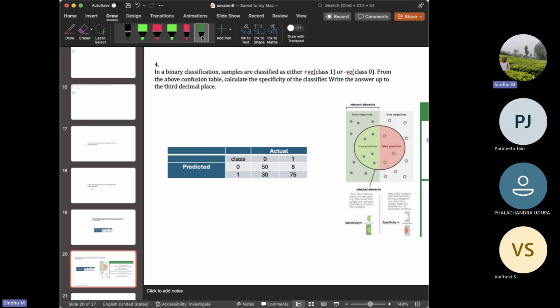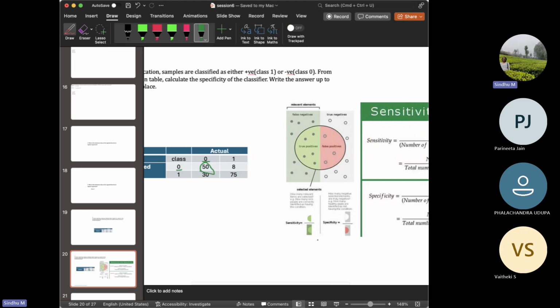So it should be zero, and the model has also predicted it as zero. So this would be the true negative.